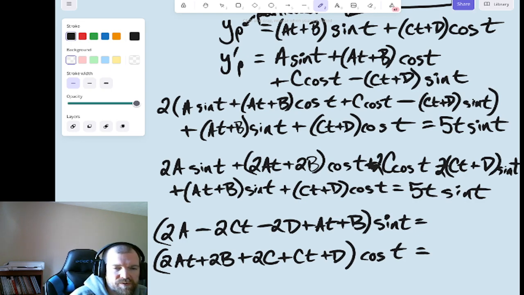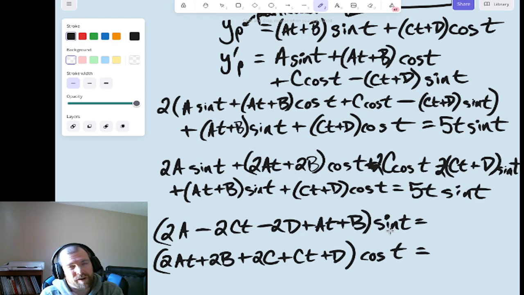But what we're saying here is, if we have a whole bunch of stuff that's then multiplied by sine of t, in order to make this actually equivalent and not just look for an intersection point, which again is possible but not particularly helpful, we want these things to be literally equivalent. So in order to get on the right-hand side 5t sine of t, we'd have to have literally the same thing on the left.